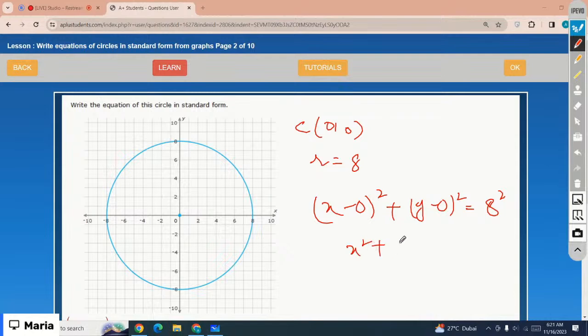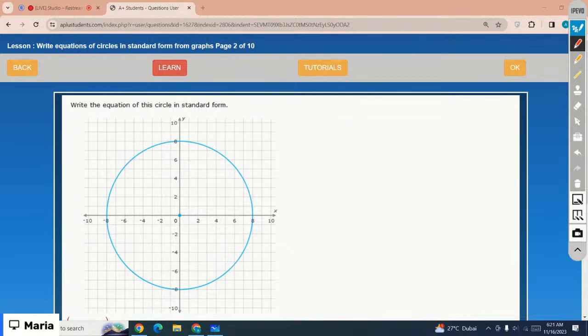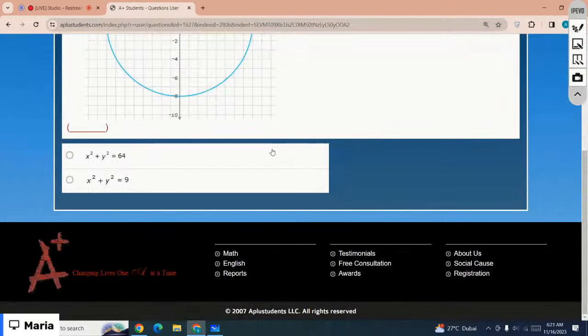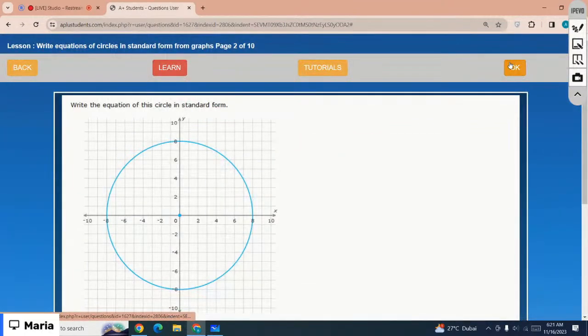So that is x square plus y square equals 64. That is the equation of the circle. So option number 1 is the correct option. The equation is x square plus y square equals 64. Got it?